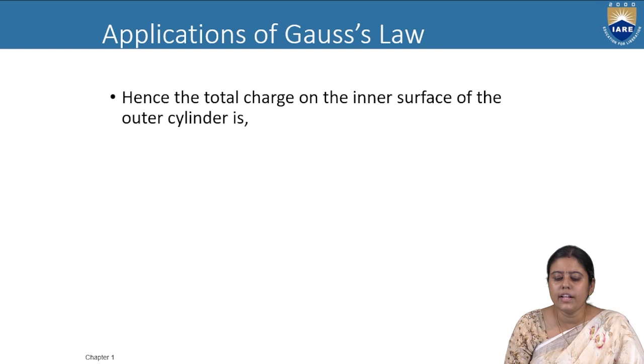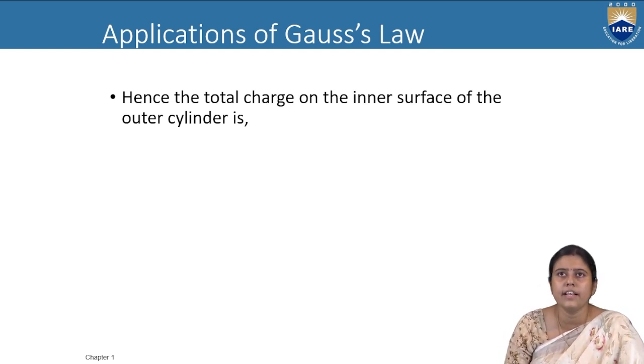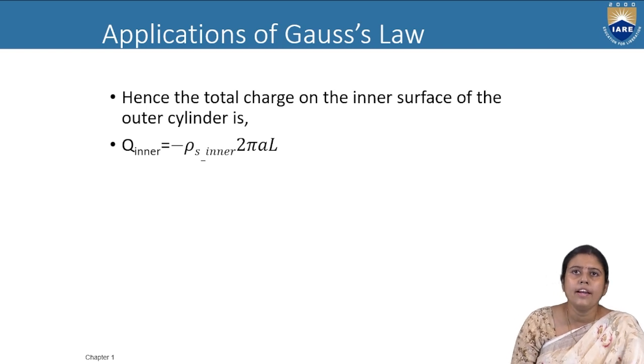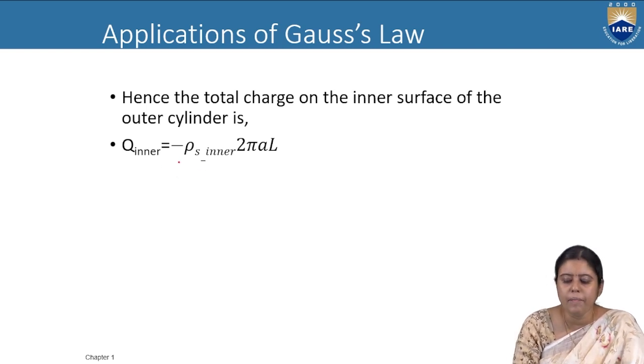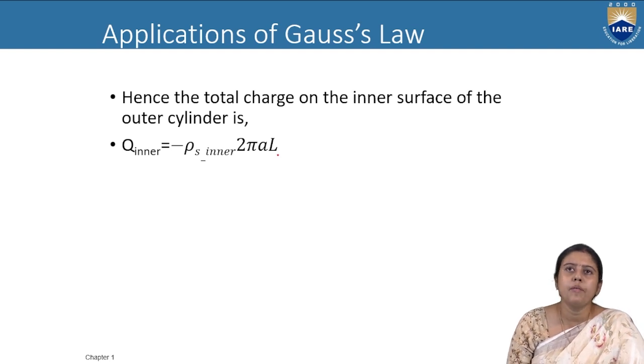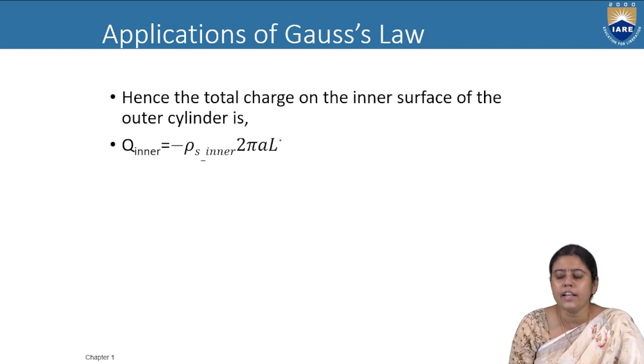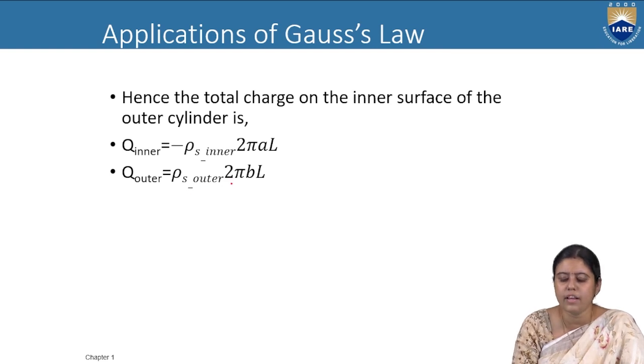So, the total charge of the inner surface of the outer cylinder is negative, and Q inner will be minus rho S 2 pi AL, where rho S is the charge density and 2 pi AL is the total surface area, and Q outer is equal to rho S outer 2 pi BL.